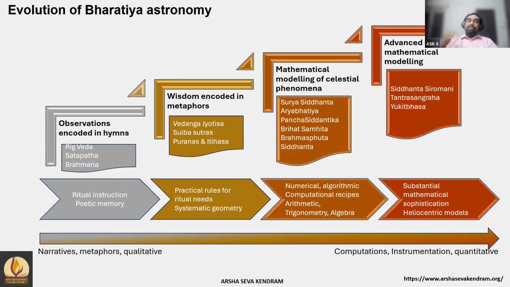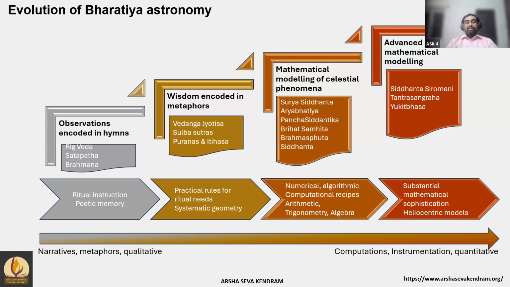And then the advancement in the mathematical modeling only increased with time. So when it got to just 4 to 5 centuries back, there were very complex mathematical models that were established to explain the heliocentric model that was being proposed, to explain various phenomena like eclipses, and which also provided the basis for the very detailed calendars that we are using for our day-to-day purposes in the current era.